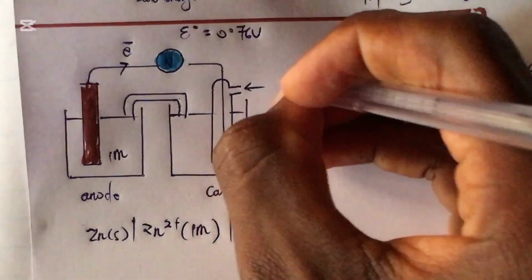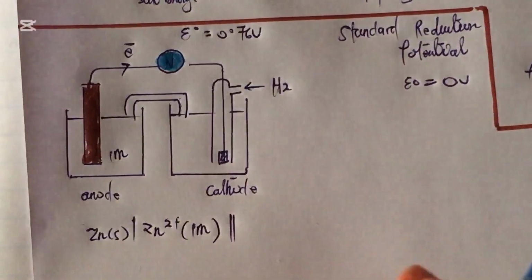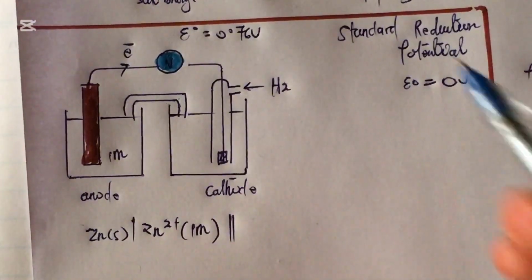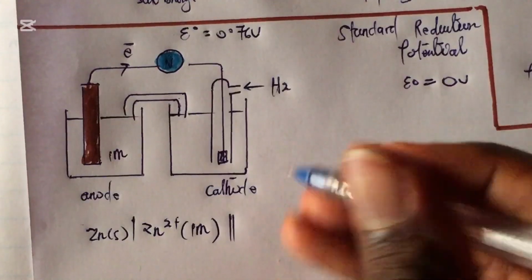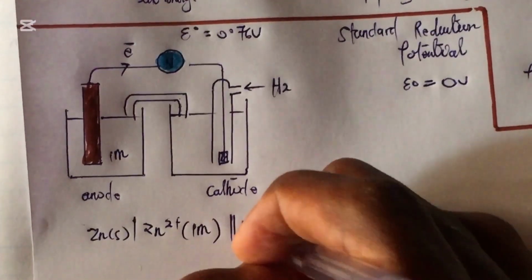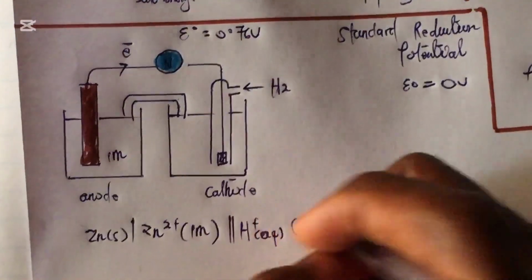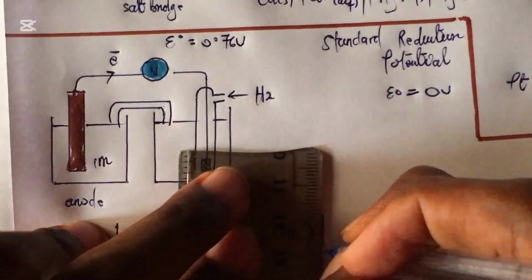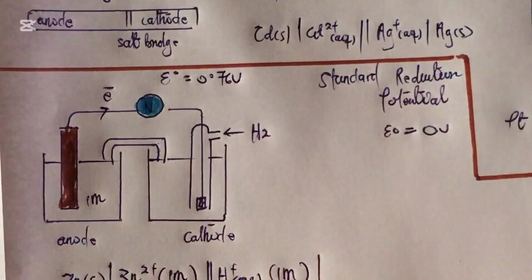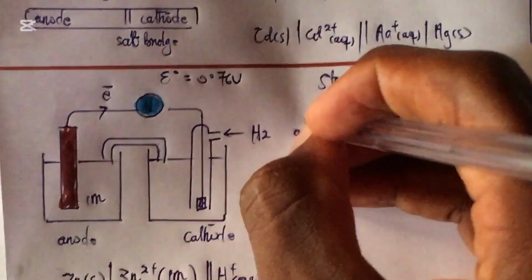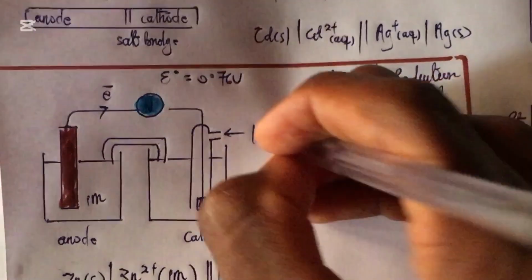Then, because you are introducing hydrogen into it, I've already explained that this inert material will absorb this hydrogen gas and split it into H plus. So now we have our H plus aqueous, which is also 1 molar. Then moving to our hydrogen. Before we introduce the hydrogen, everything is under standard conditions, so automatically the pressure here is 1 atm.